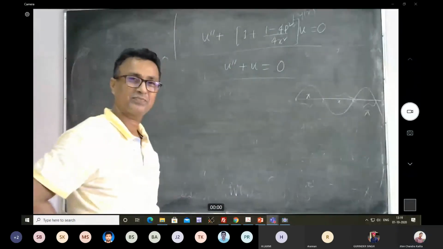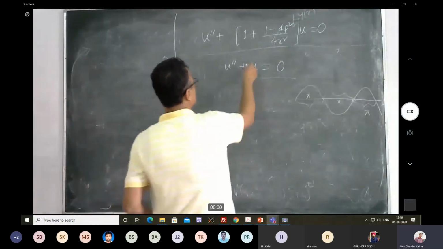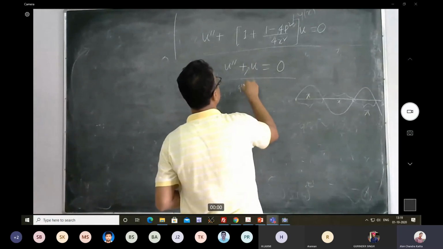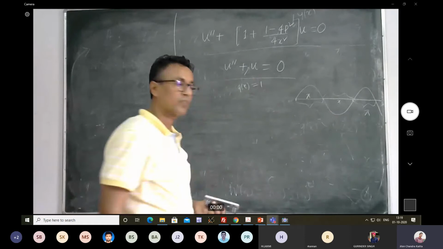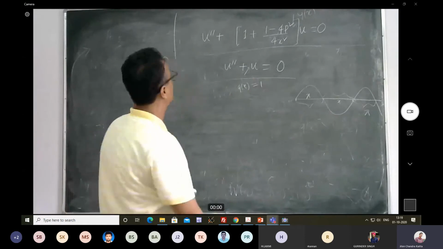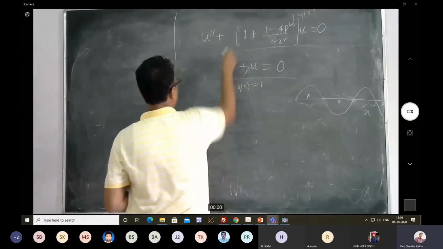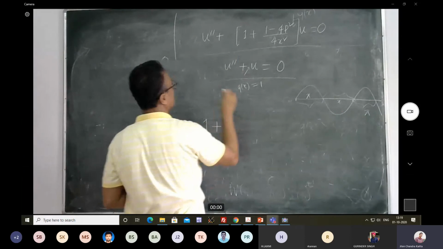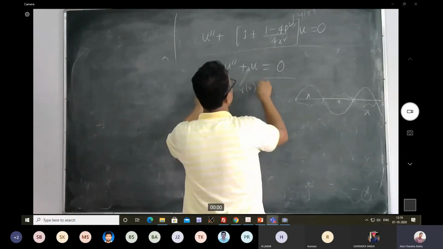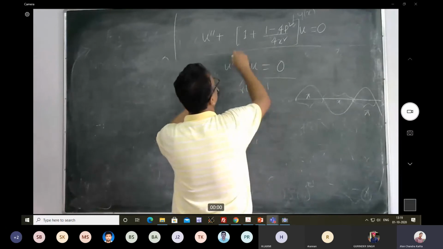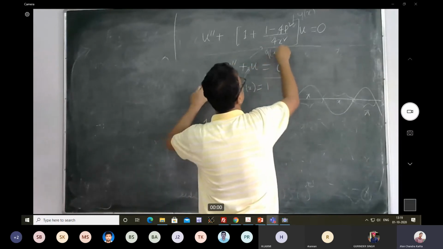See, here your q(x) is 1. Suppose I am considering this as r(x), which is 1, and this is q(x).